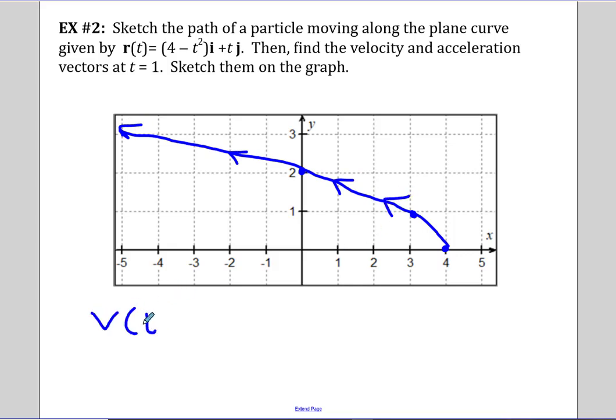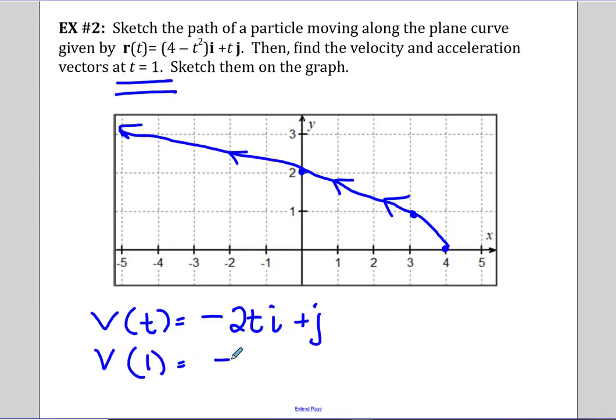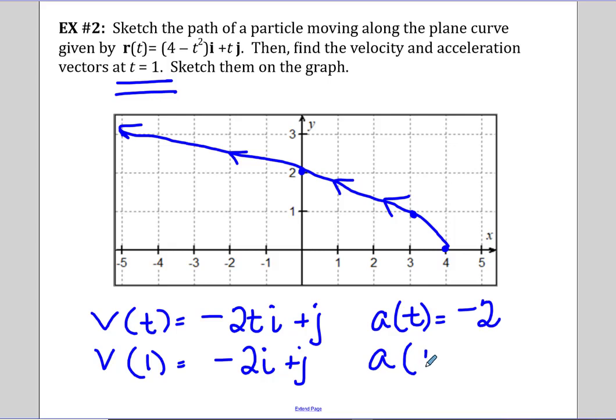and then the velocity vector would be negative 2t in the i direction and 1j, and the velocity vector when time is 1 is going to be negative 2i plus j, and then the acceleration vector would be negative 2i, and the acceleration vector at 1 is negative 2.